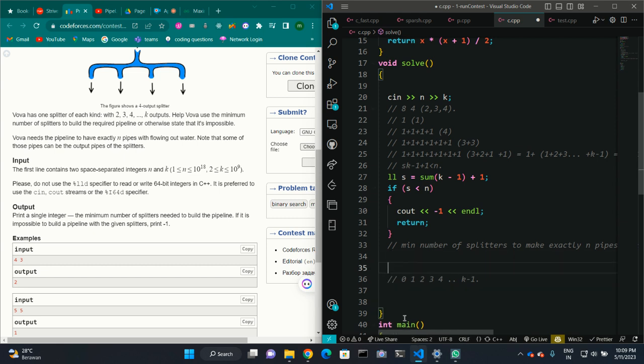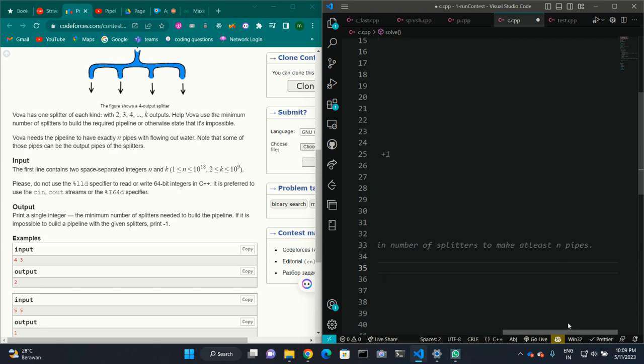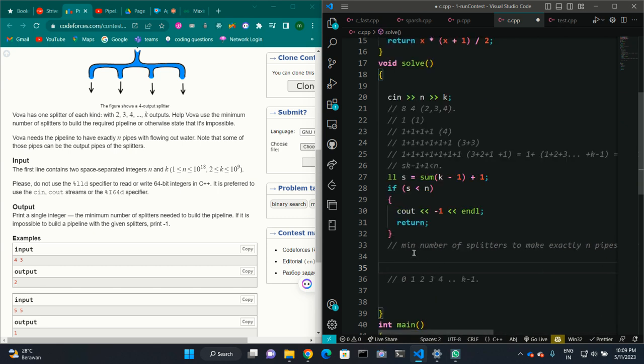Now, how to prove this argument? Minimum number of splitters to make exactly n pipes equals minimum number of splitters to make at least n pipes. First of all, minimum, right? So let us take an example 4 and 3. Here n equal to 4, 4 outputs needed, and we have 2 splitters, one of 2 type and another of 3 type.